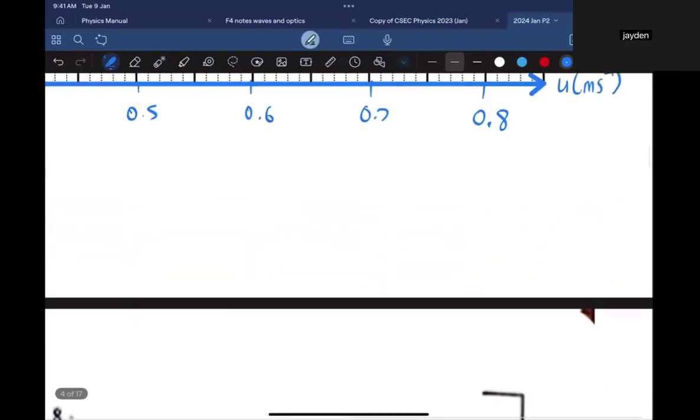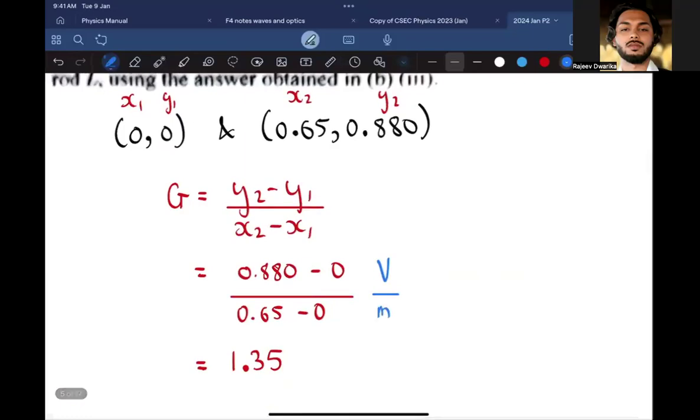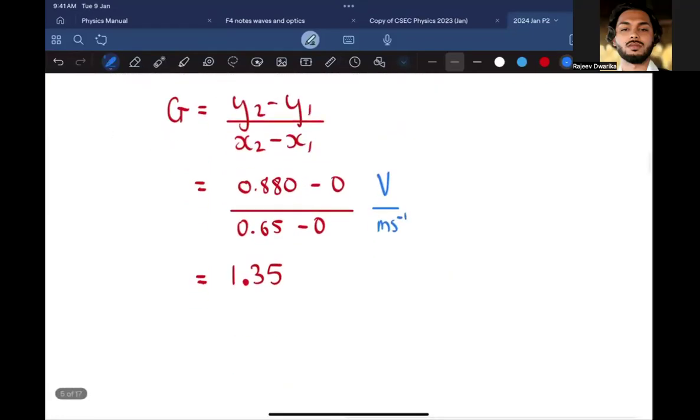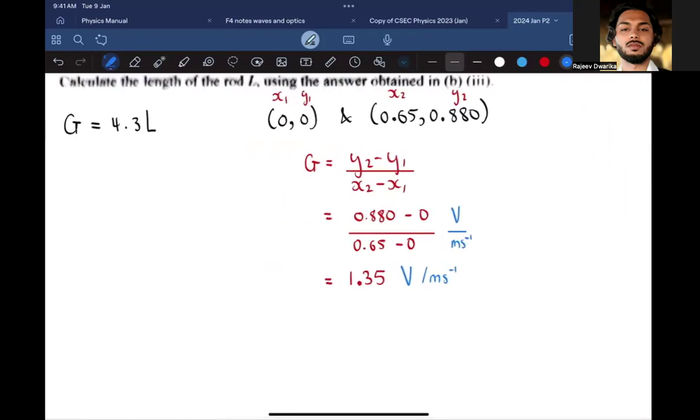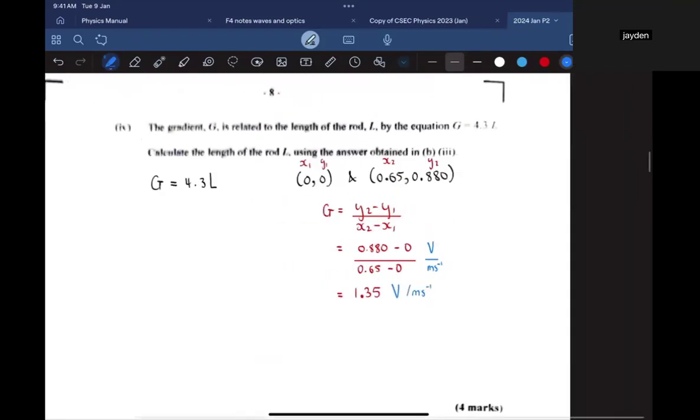Meters per second. Right. So the units for this is V slash ms minus 1. Yes or no? Let me know if I understand how I do that. Yes, sir, I understand.